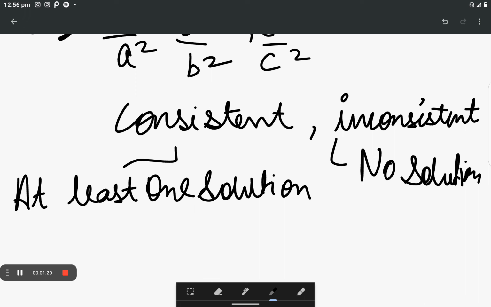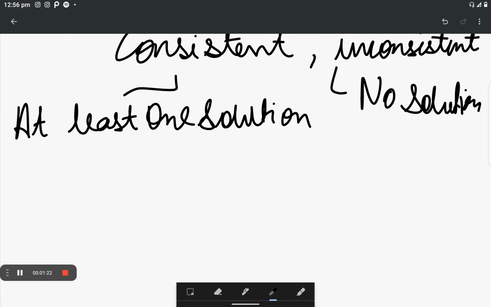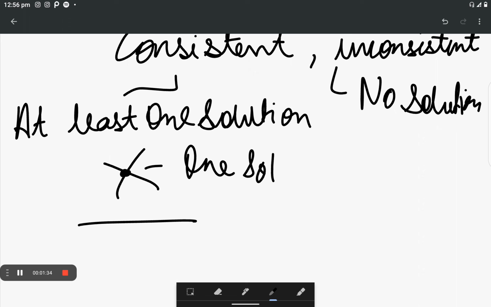Correct? So we know that when two lines intersect at a point, it has one solution. When they coincide, it has many solutions.